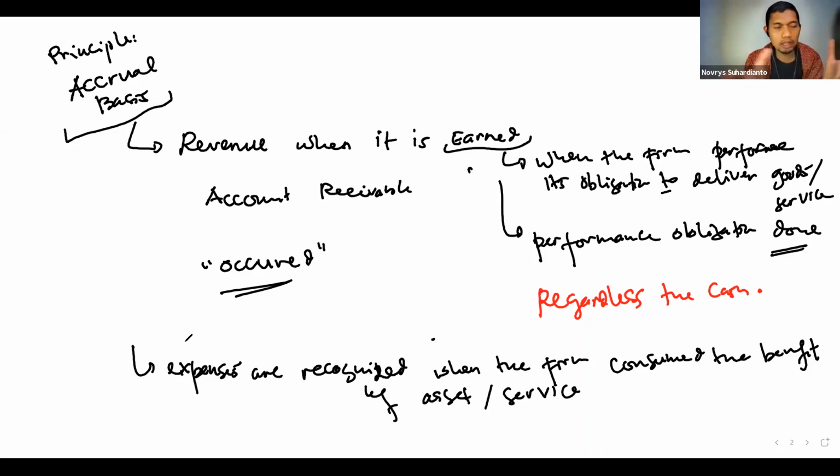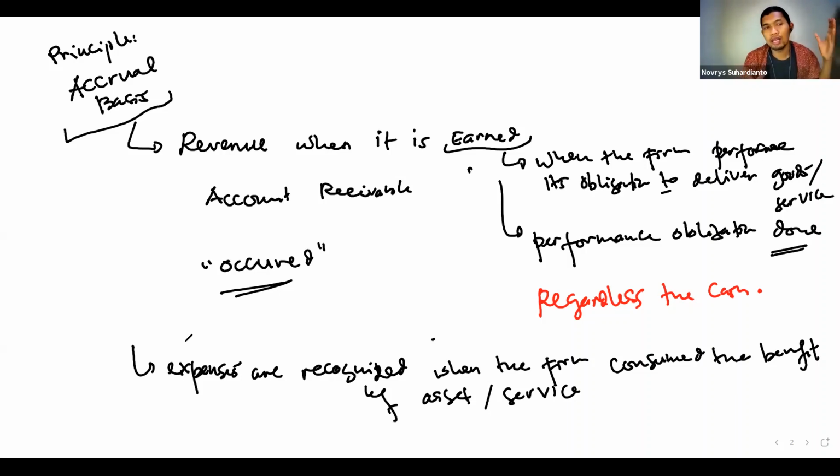For example, your customer gives you a down payment for future service or future inventory delivery, and you receive that down payment and you record that down payment as today's revenue. However, the obligation is still in the future. The service will be done next month or next year.